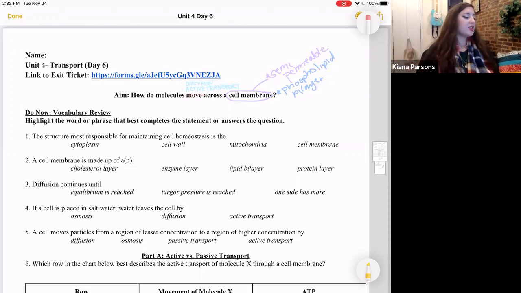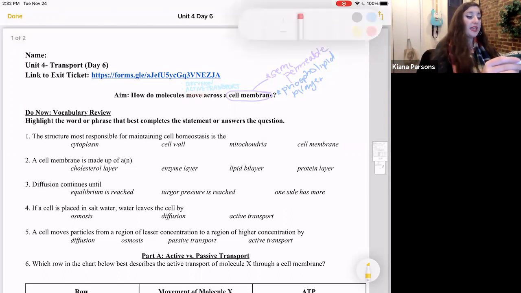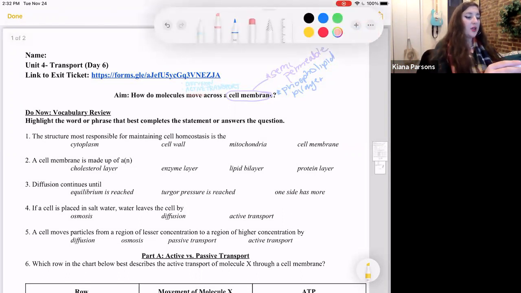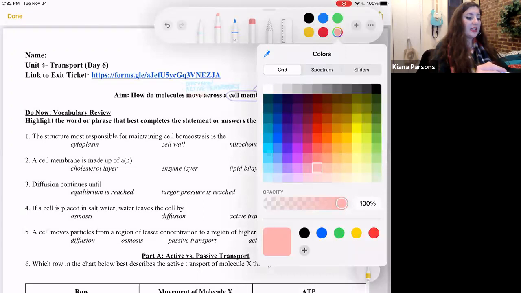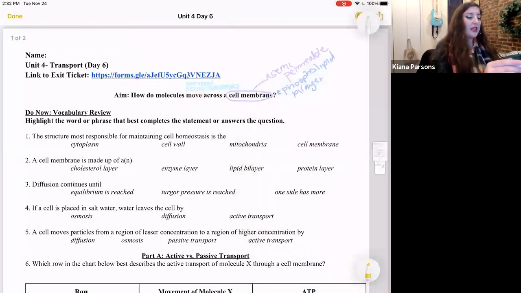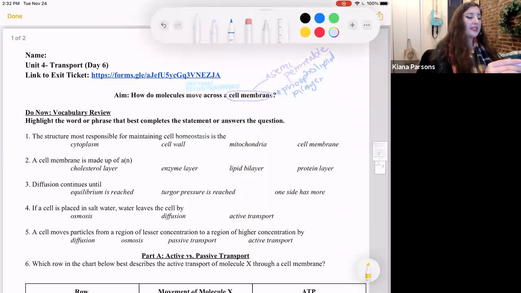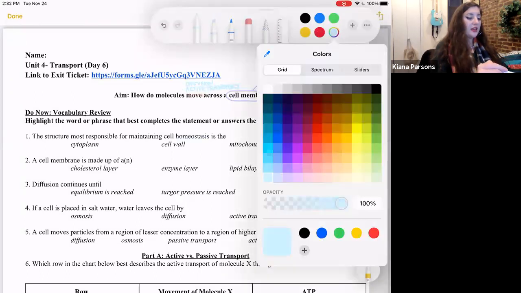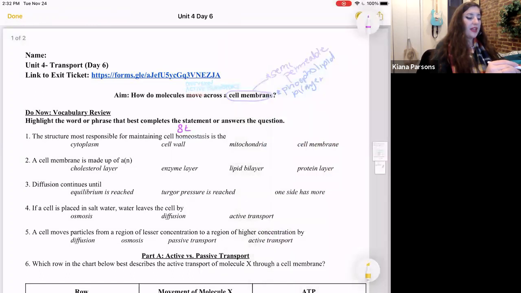So let's start with the do now. Number one, the structure most responsible for maintaining cell homeostasis. So homeostasis is that maintenance of a stable internal environment.